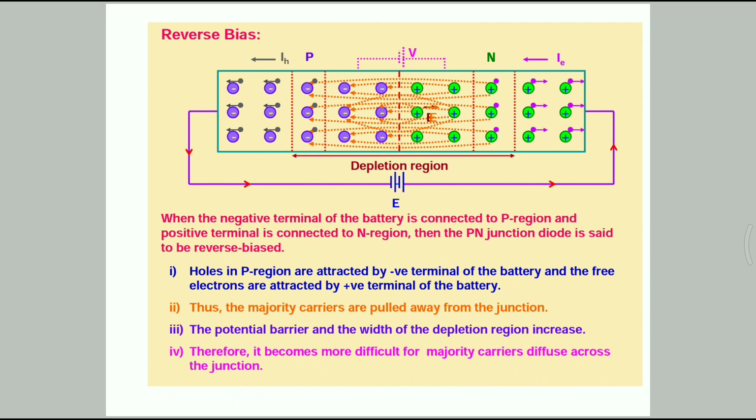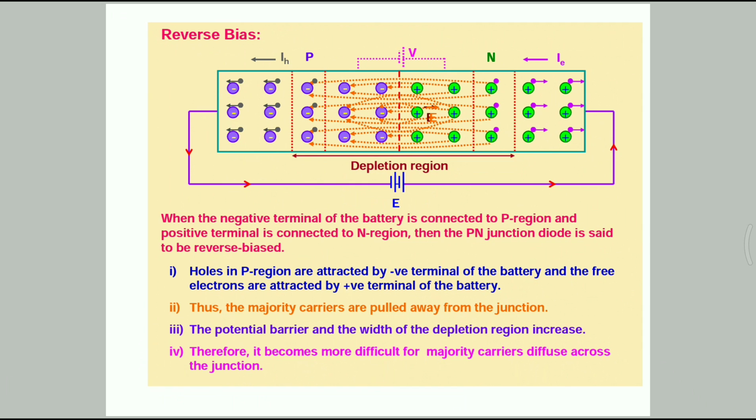So there is almost no flow of current due to majority charge carriers. However, a very small current due to minority charge carriers flows across the junction. This current is called reverse current.